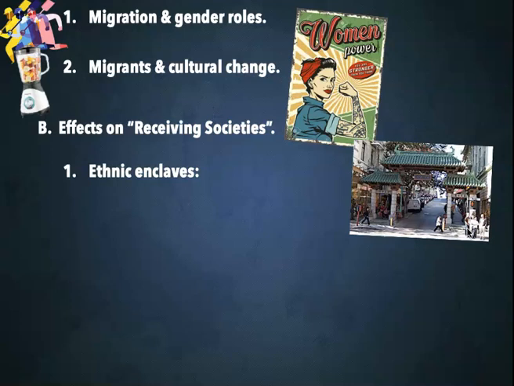So when the Irish show up, when the Chinese show up, they stick with each other. A lot of times within a town or community or city, they're going to find one little part of it, and they're all going to settle there together. And what we call that little settlement is an enclave.